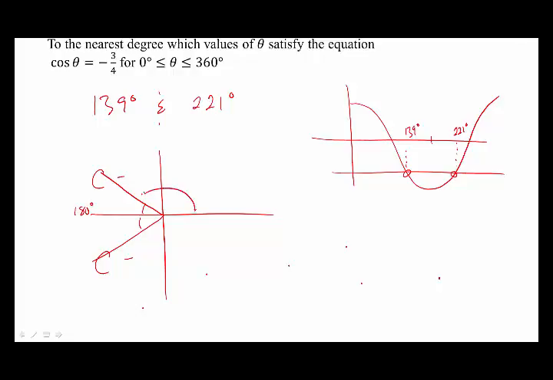So your first one you worked out was 139, right? Well, how far away is that from 180? 41 degrees, which means it's going to be 41 degrees here too. It's going to have the same reference angle. 180 plus 41 is 221. They have to be exactly the same distance because everything's perfectly symmetrical. Easy enough?